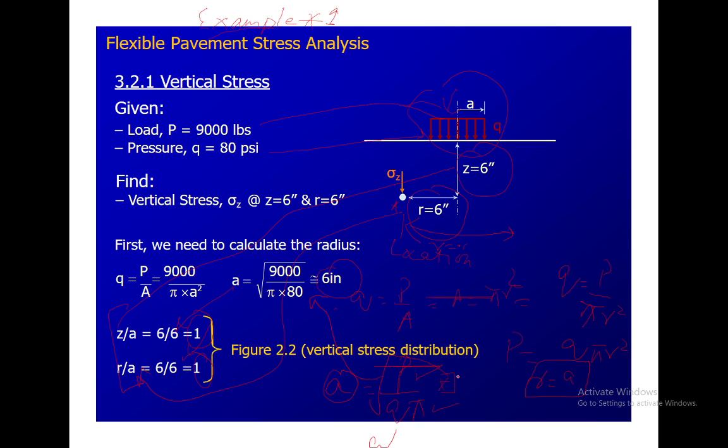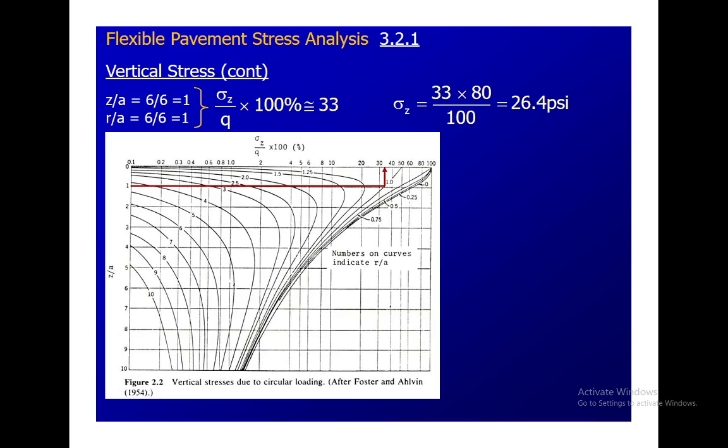As you can see here at the very top, we have the formula: sigma stress in the Z direction divided by Q, which is already given as 80 psi. We need to multiply it by 100, and from that we can determine it.